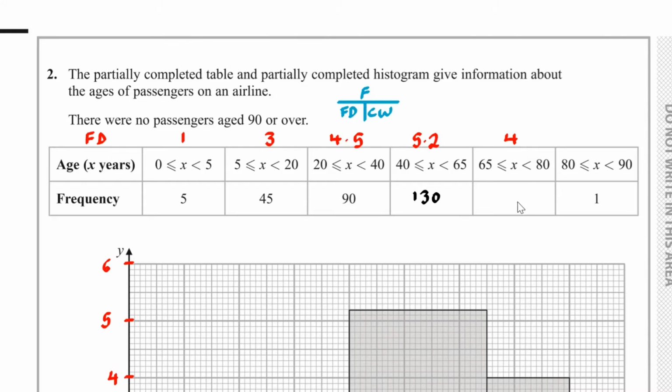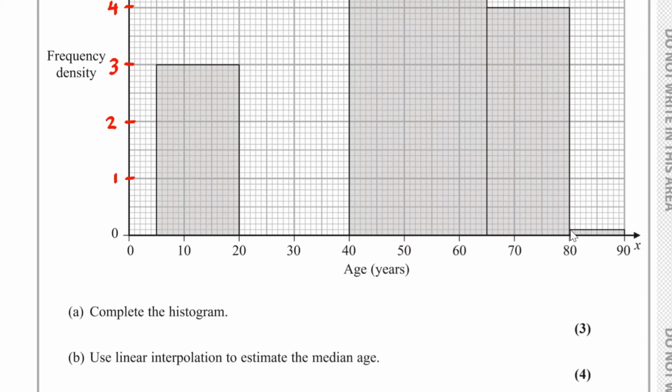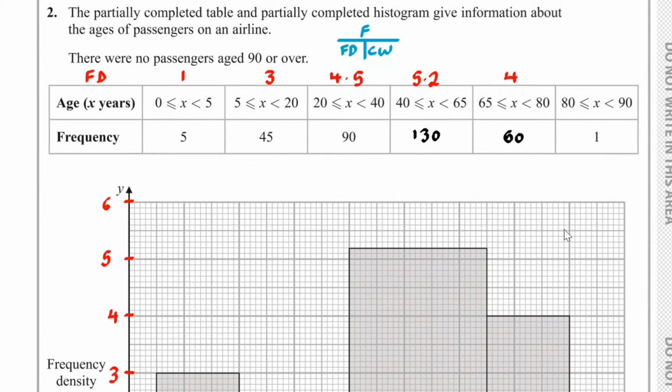So we have 60 over here. And then from 80 to 90, I can read that off, that's 0.1. So I have 0.1 here.